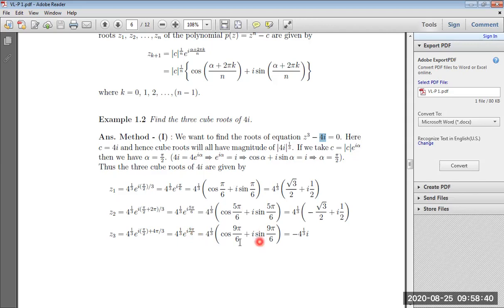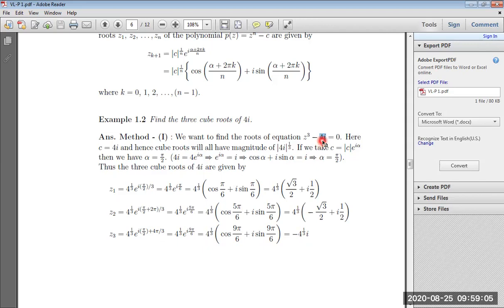Substitute the values of cosine 9 pi by 6 and sin 9 pi by 6. So cosine 9 pi by 6 is 0 and sin 9 pi by 6 is minus 1, and therefore you have this third root. So these are the three cube roots of this complex number 4i.